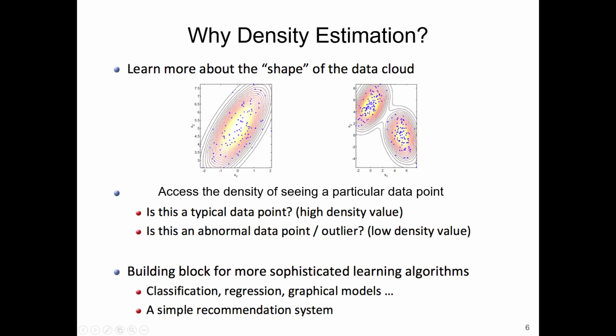So if you look at this graph, what type of distribution am I using to explain this data set? How many Gaussians? Anyone know the name of this type of plot?